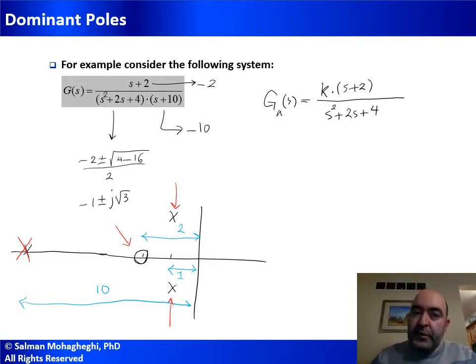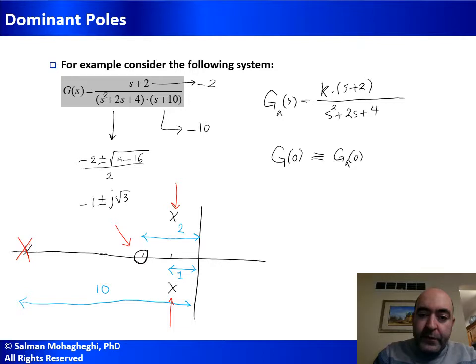One of the frequencies that we are in particular interested in is the DC gain, which is the frequency of 0. So I want to make sure that the original function at 0 is exactly identical to the approximate function at 0. So let's plug in 0 and see what we get for G of s.